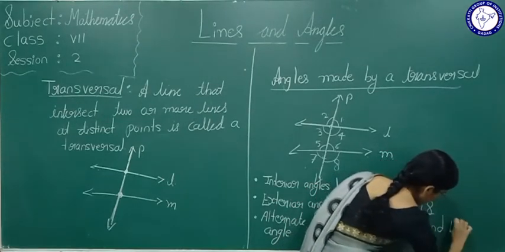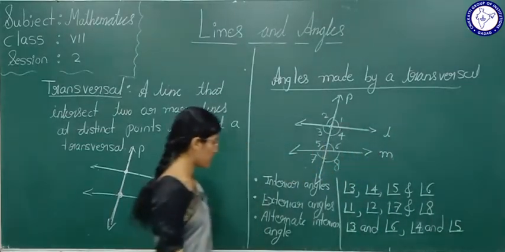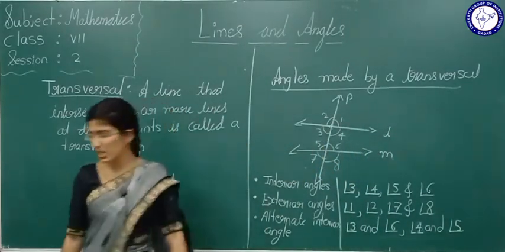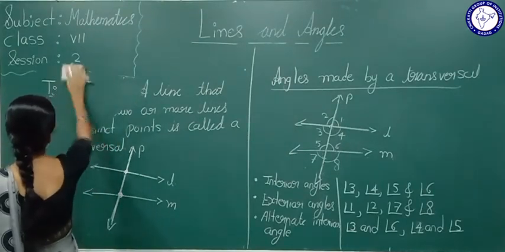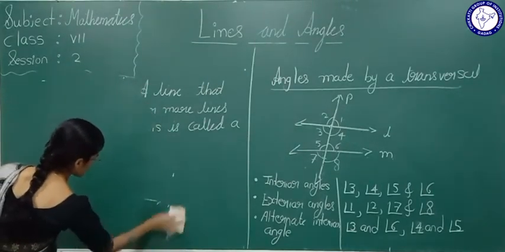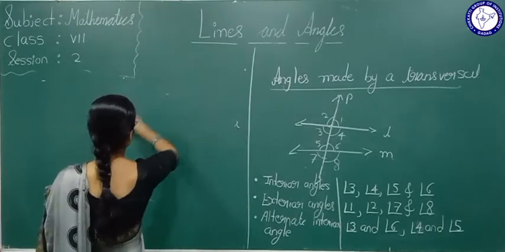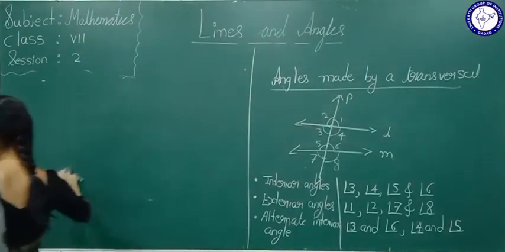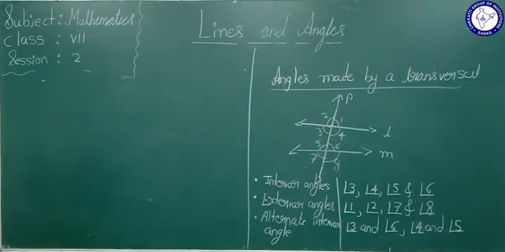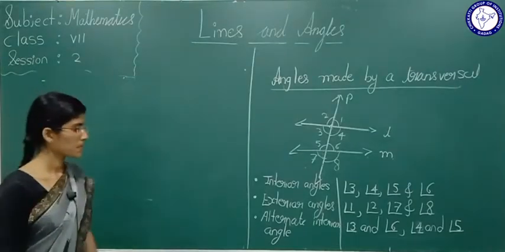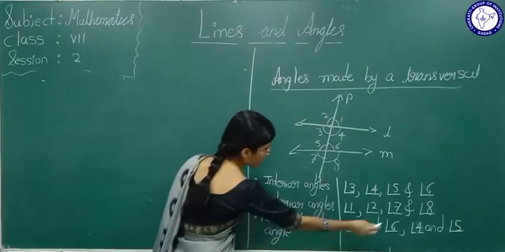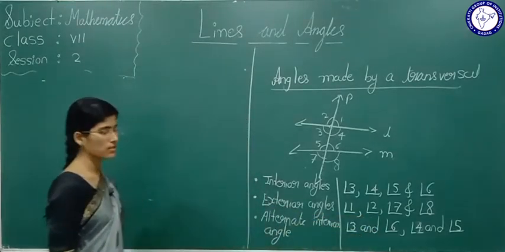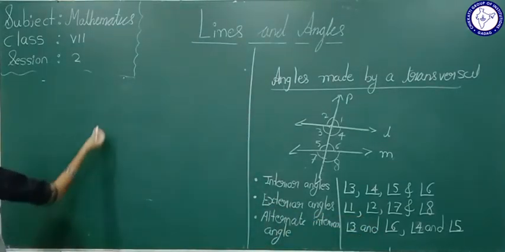These are alternate interior angles. These are the pairs of alternate interior angles.